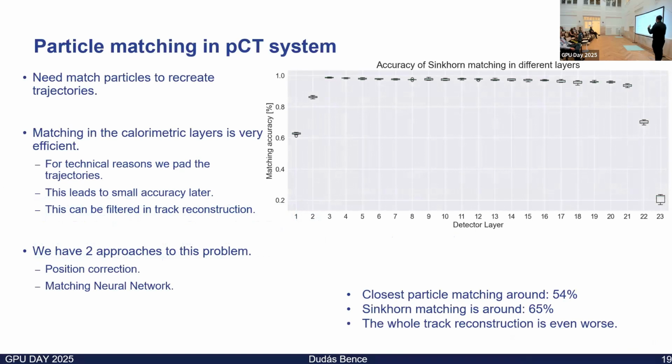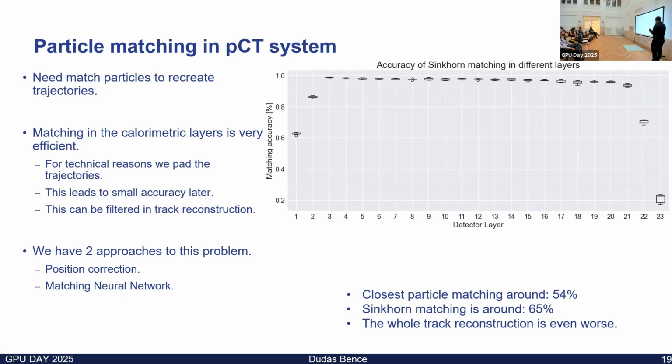Originally, this can be done by traditional matching algorithms, and actually we tried that too. We tried multiple matching algorithms to find connections between the detector hits in different detector layers.